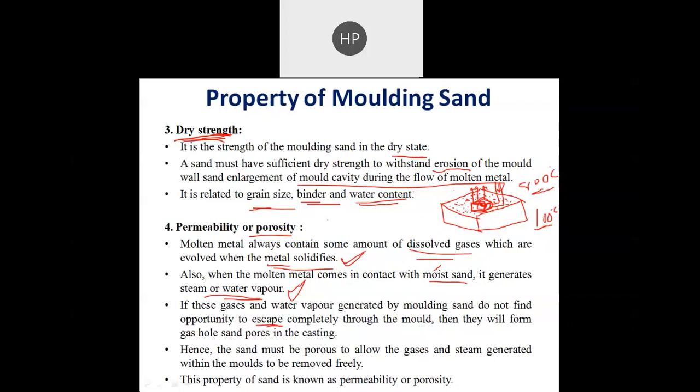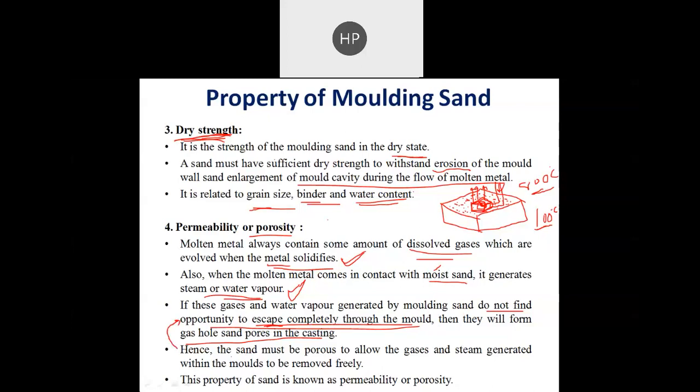If the gases and water vapors generated by the mold sand do not find an opportunity to escape completely through the mold, then they will form holes, sand pores, in the casting. So it requires a path, a chance to escape completely from the mold. How can we give that opportunity?